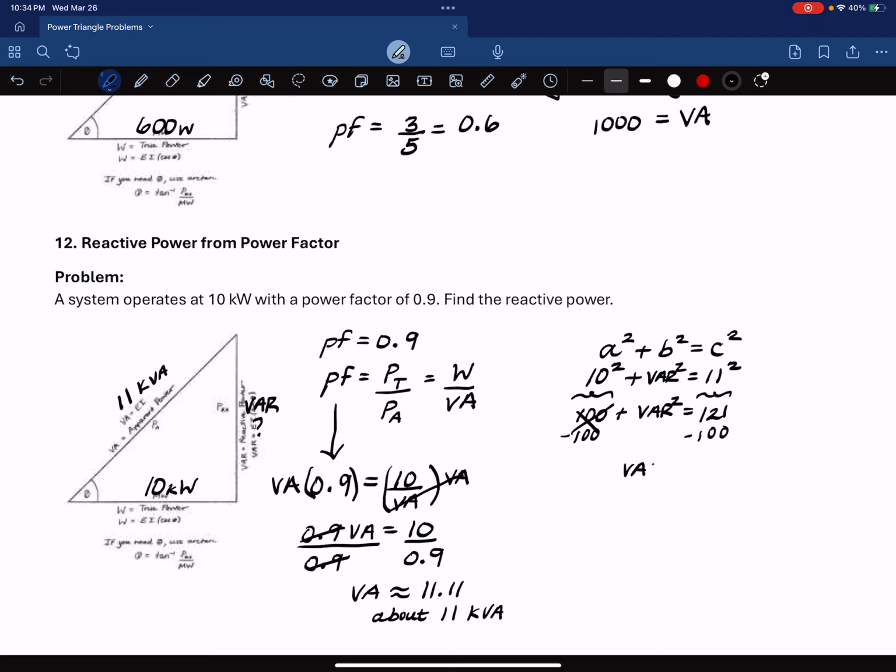So reactive power squared, and that's kilo reactive power squared, is 21. Take the square root of both sides. And so that's going to be approximately 4.84. And that is our reactive power.